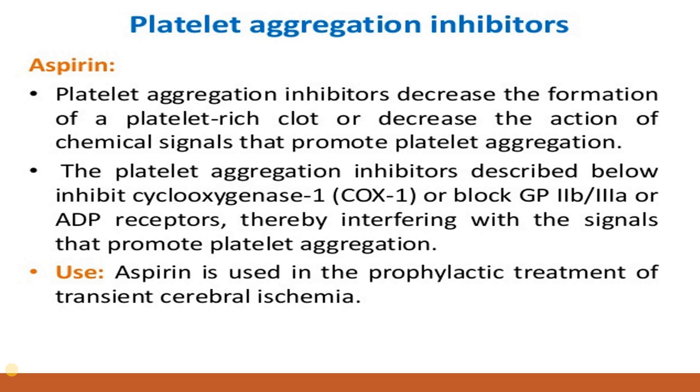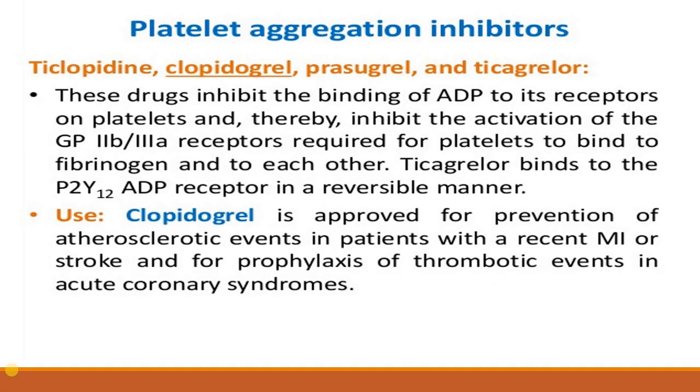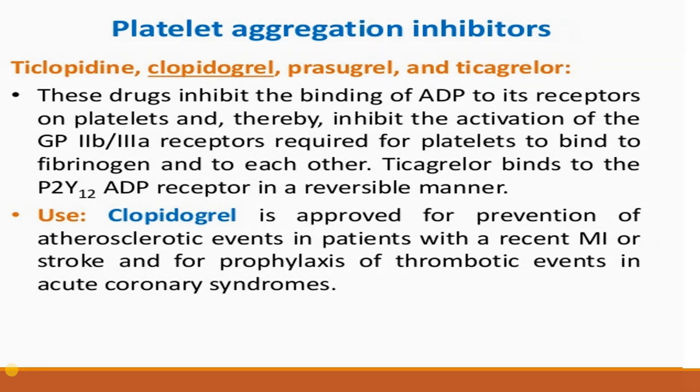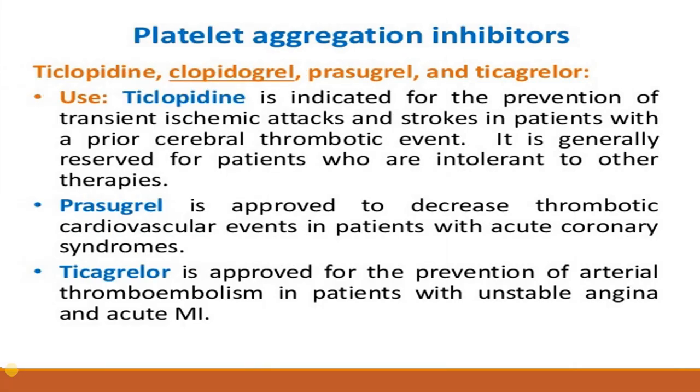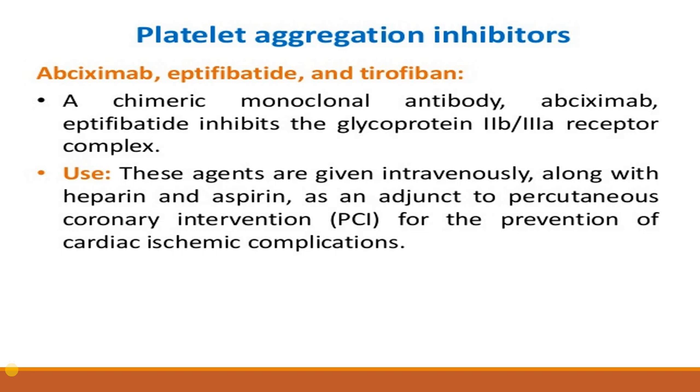Aspirin is used for the prophylactic treatment of transient cerebral ischemia. Whenever cerebral ischemia is there, aspirin is helpful. This is also used for clopidogrel, next prasugrel and ticagrelor. These all are used as platelet aggregation inhibitors.